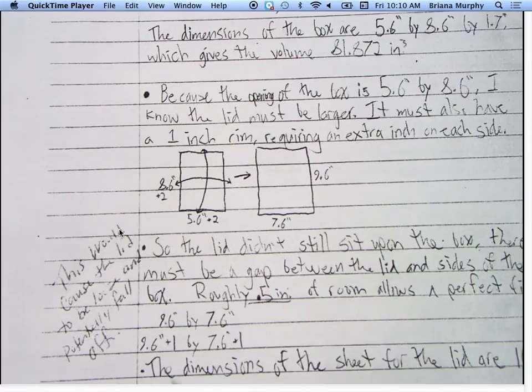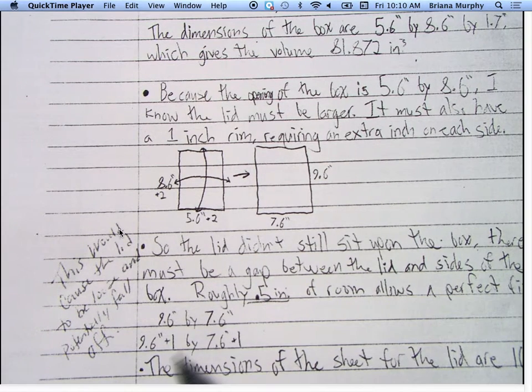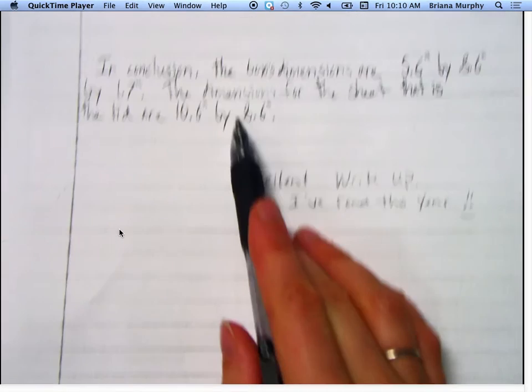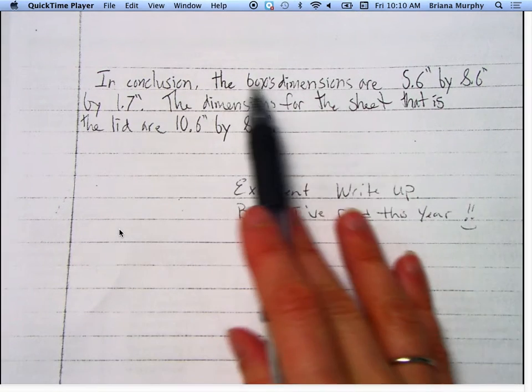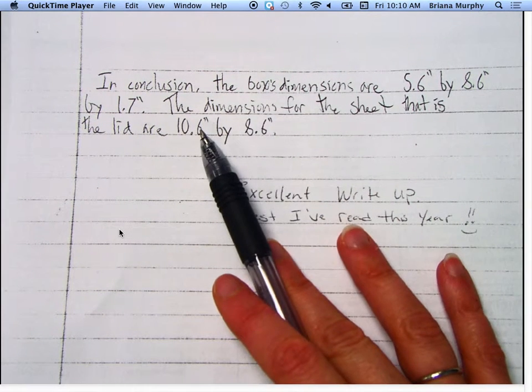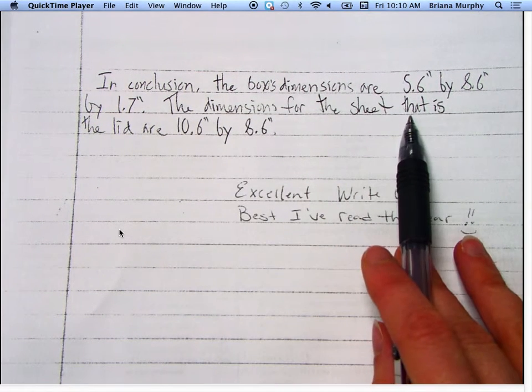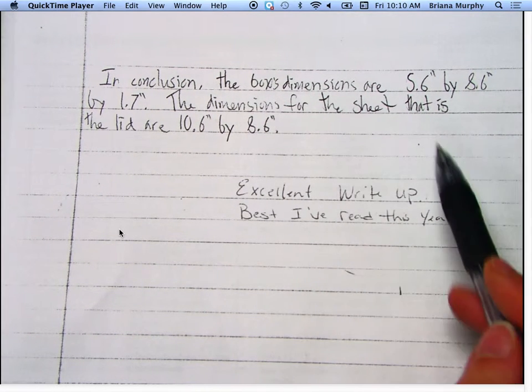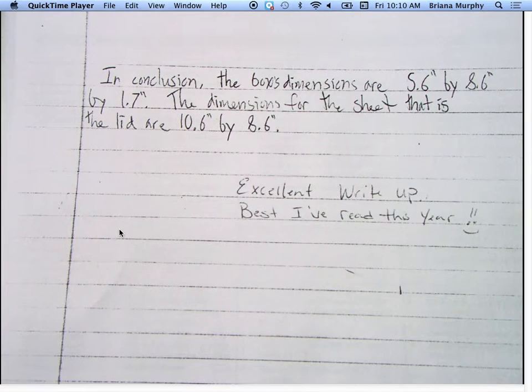So 9 by 6 by 7 by 6, okay? The dimensions of the sheet of the lid are 10 by 6 and 8 by 6, okay? In conclusion, the box dimensions are 5 by 6, 8 by 6, and 1 by 7. Dimensions for the sheet of the lid are 10 by 6 by 8 by 6, and then we cut off to make 1 inch on each side, okay?